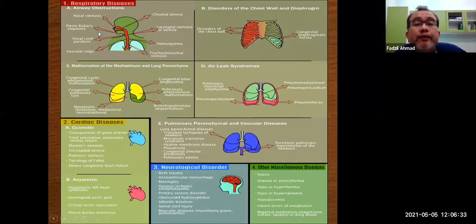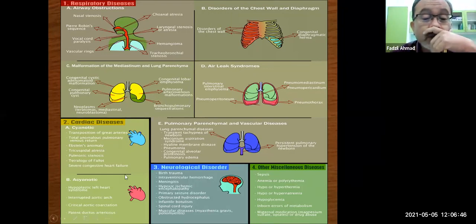So you see, the main thing is respiratory. The respiratory is the main system that is involved when it comes to respiratory distress, though other systems can also contribute: cardiac, neurological, and other miscellaneous.